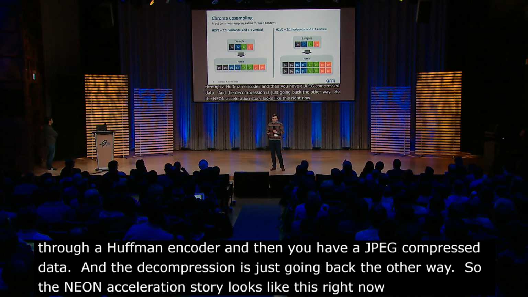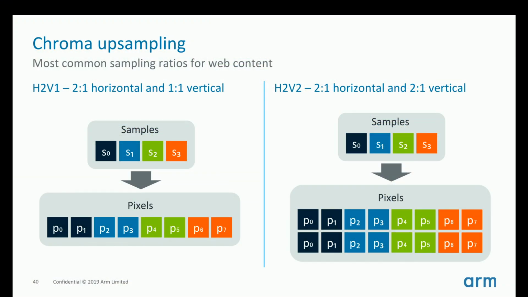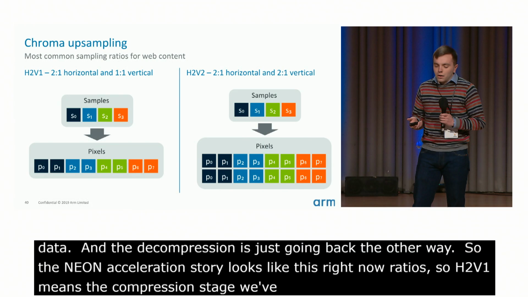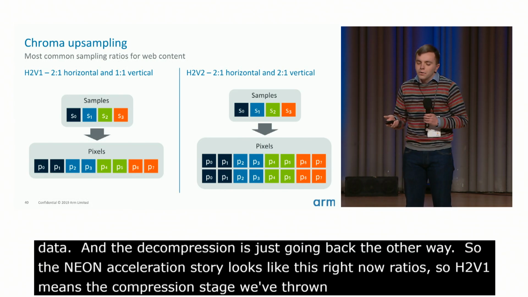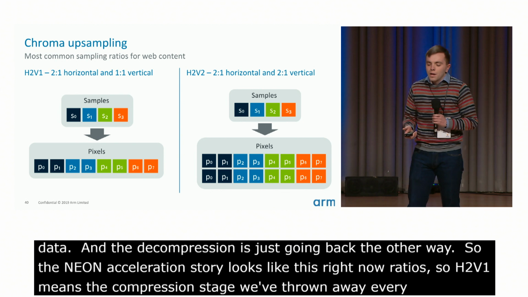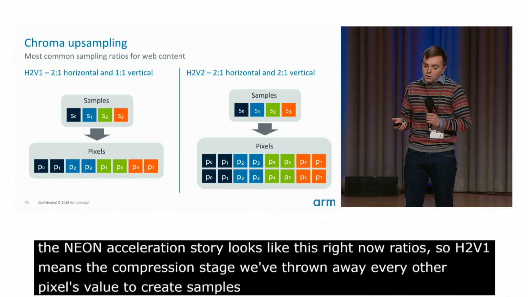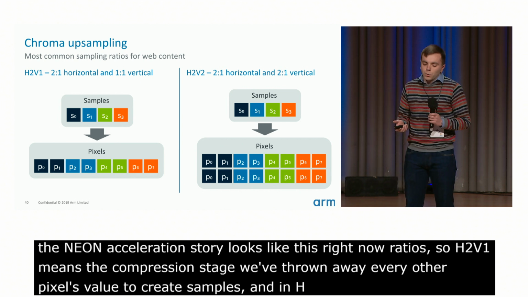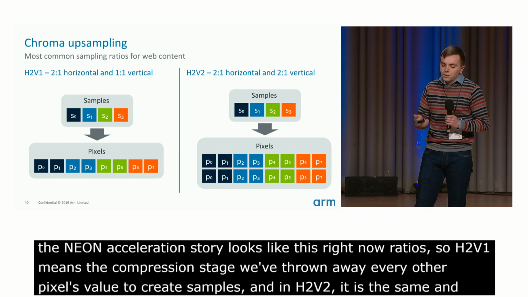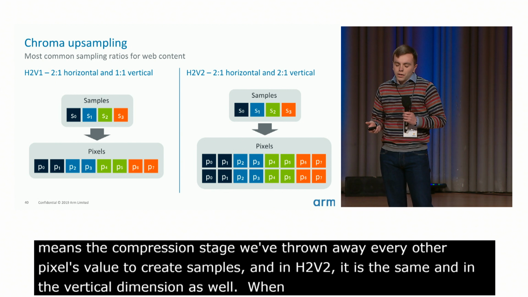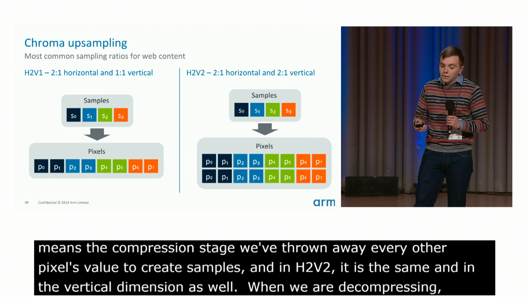So chroma upsampling, these are the most common web sampling ratios. H2V1 means that at the compression stage, we've thrown away every other pixel's chroma value to create samples. And H2V2 is the same, but also in the vertical dimension as well. When we're decompressing, we want to get back to pixel values of as high a fidelity image as possible.